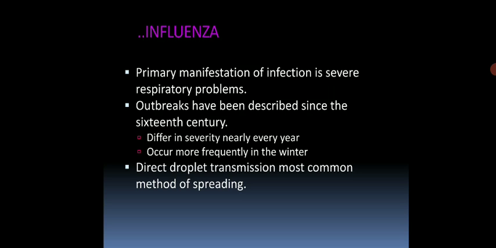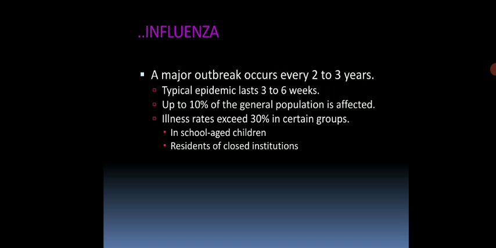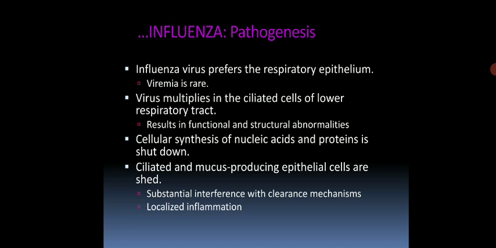Direct droplet transmission is the most common method of spreading, and a major outbreak occurs every 2 to 3 years. A typical epidemic lasts for 3 to 6 weeks, and up to 10% of the general population is affected, with illness rates exceeding 30% in certain groups. It is mostly found in school age children as well as residents of closed institutions.